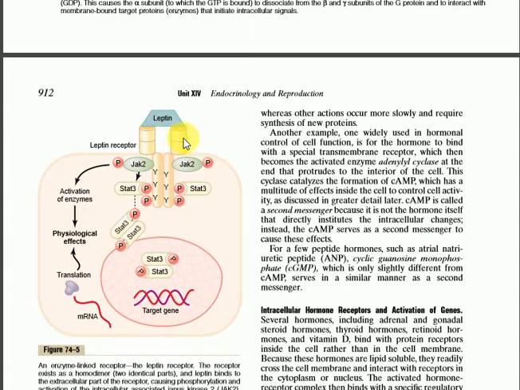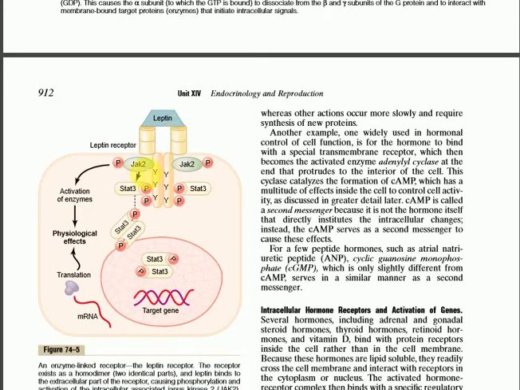These receptors have a protein hormone binding site present outside the cell membrane and an enzyme binding site present inside the cell membrane. Okay. As soon as the leptin gets attached with this receptor, a cascade of chemical reactions occurs inside the cytoplasm.